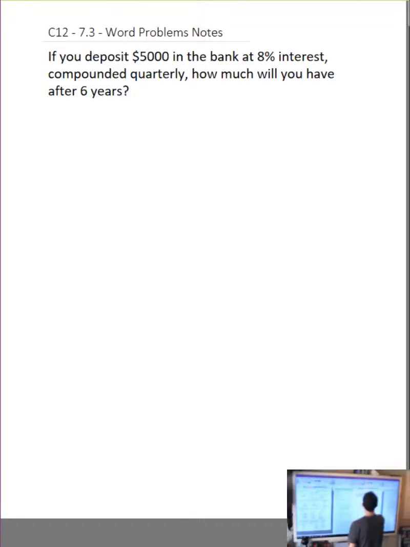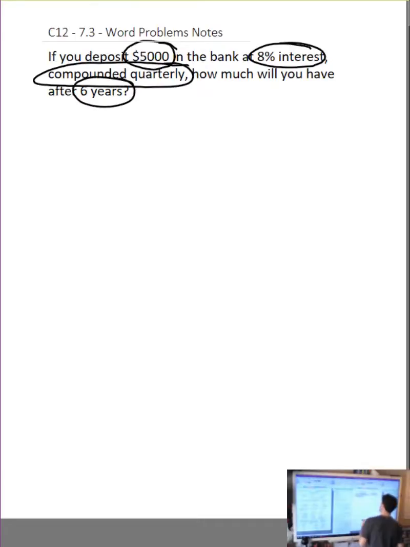Okay, if you deposit $5,000 in the bank at 8% interest, compounded quarterly, how much will you have after 6 years? So if we're compounding, we're going to use a very similar formula, a little different.